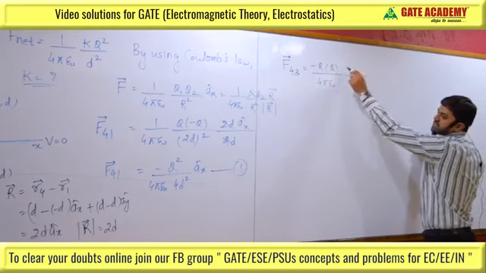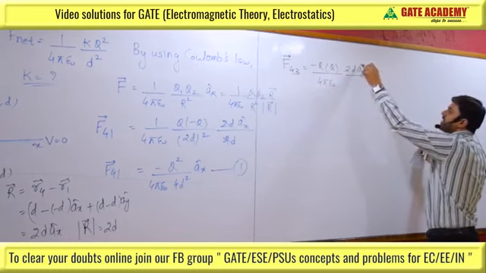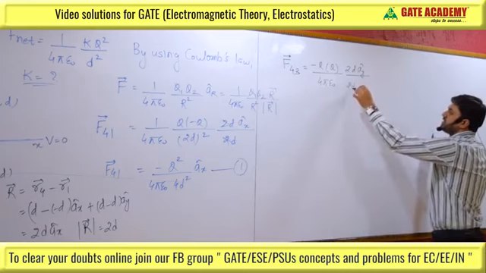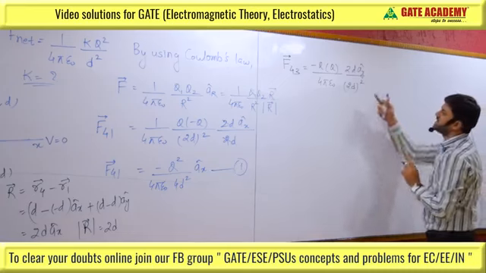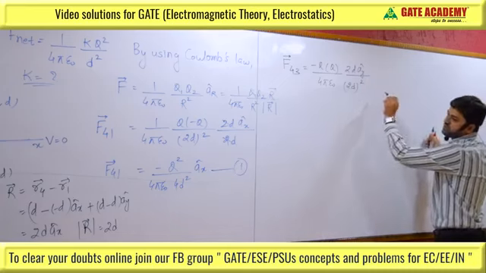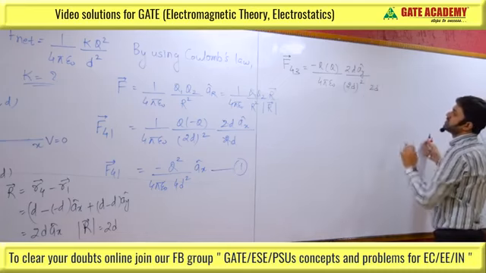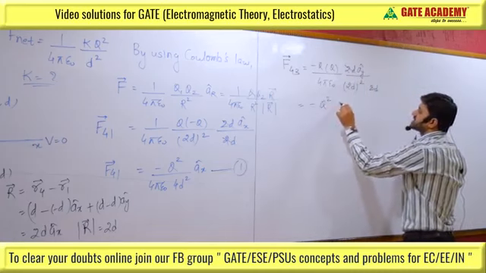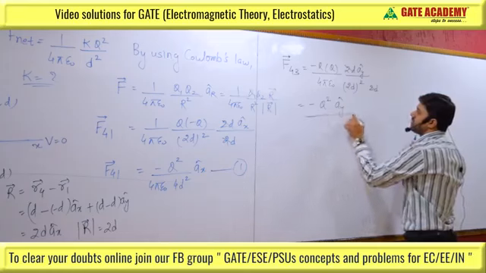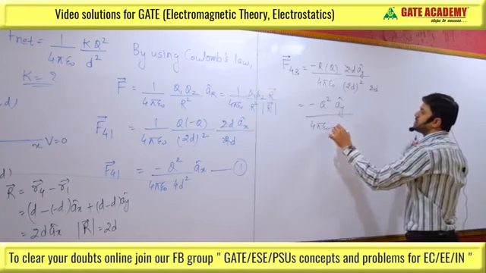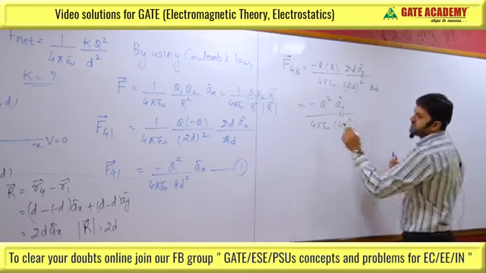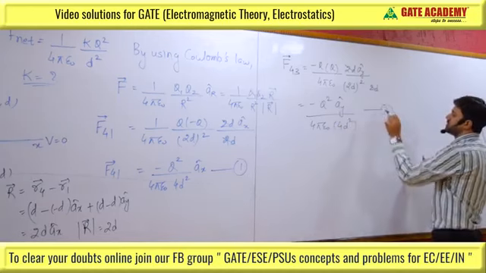Vector r is 2d ay cap, and r square is 2d whole square, and its magnitude is also 2d. So again this will cancel each other and we will get minus q square ay upon 4 pi epsilon naught 4d square. Put it as equation number 2.